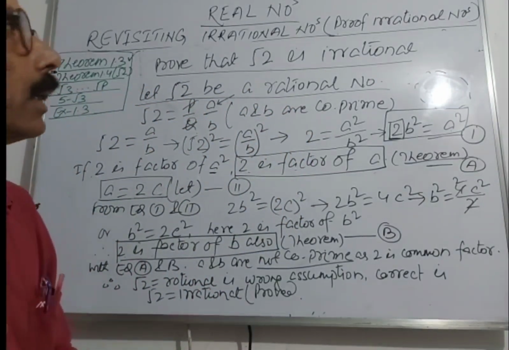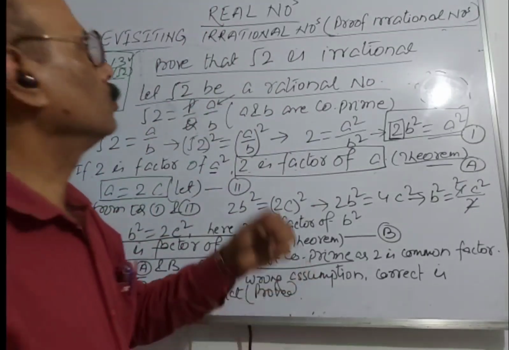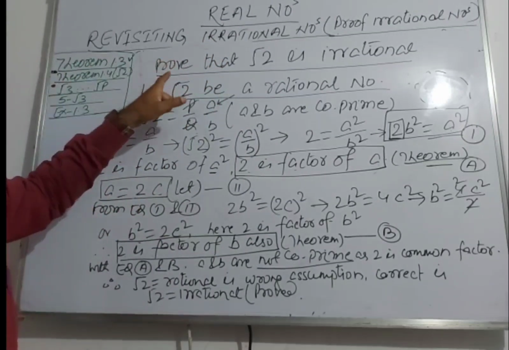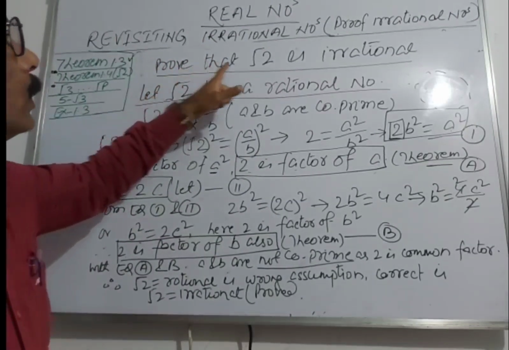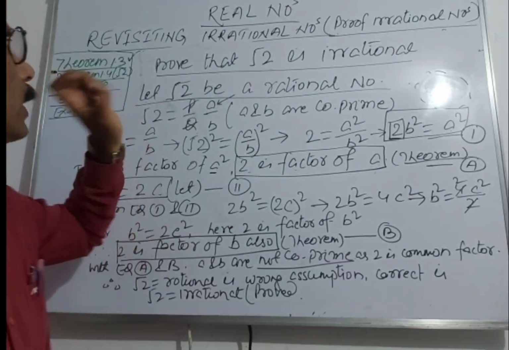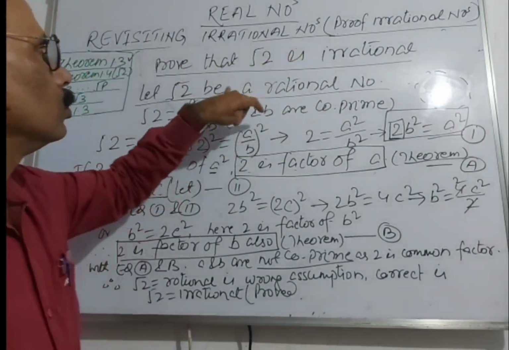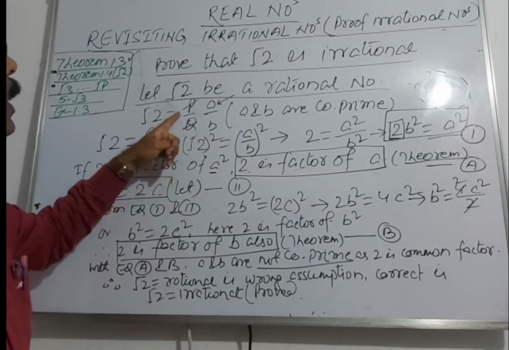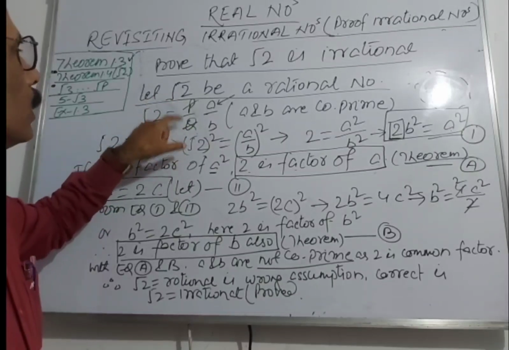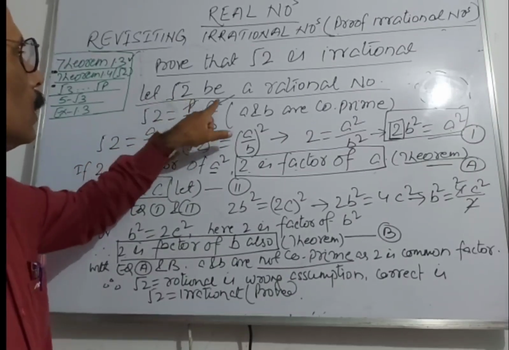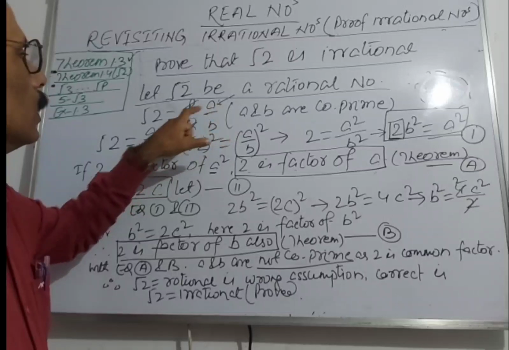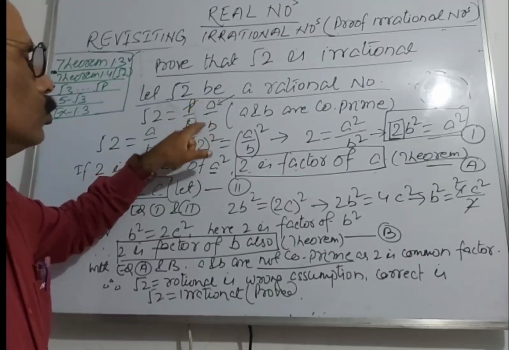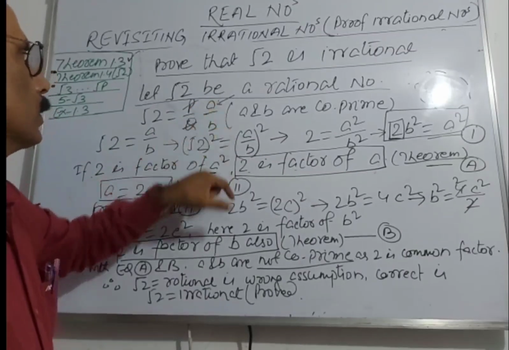Again, in one go, I will revise. What have we done? We have to prove that root 2 is irrational. For that, let us assume the opposite: root 2 is a rational number. If any number is rational, we can write it in p by q form. If these two numbers are not co-prime, we cut with a common factor to get the lowest form, and in lowest form these two will be co-prime, with no common factor.